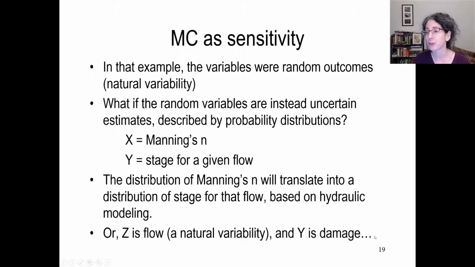So now damage is a function of both Manning's n and flow. And I've computed my damage frequency curve with both a natural variability and a knowledge uncertainty considered. Now, usually we actually don't put our natural variabilities and our knowledge uncertainties into the analysis at the same time. We want to evaluate them separately and see their separate impacts on our decision metrics, but it is possible to consider them together.